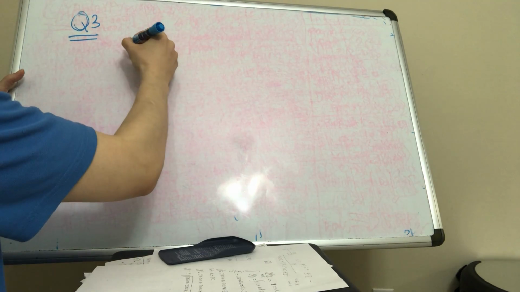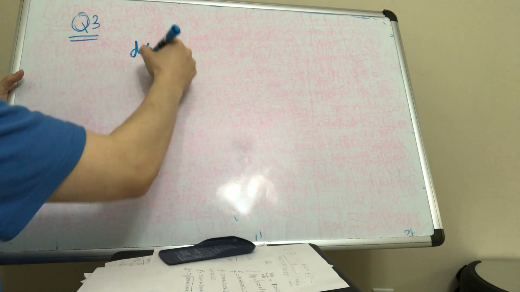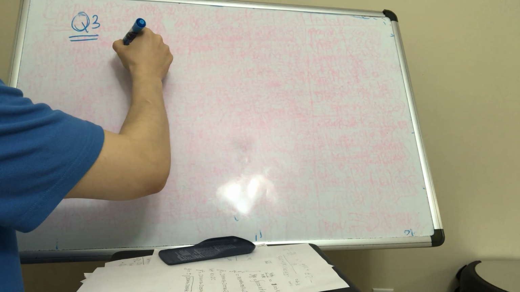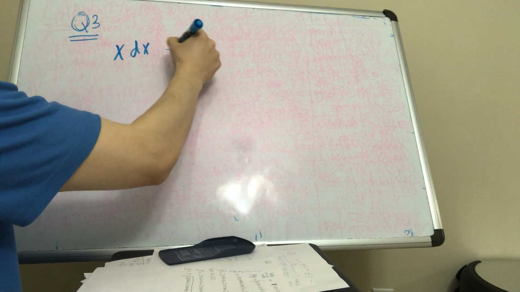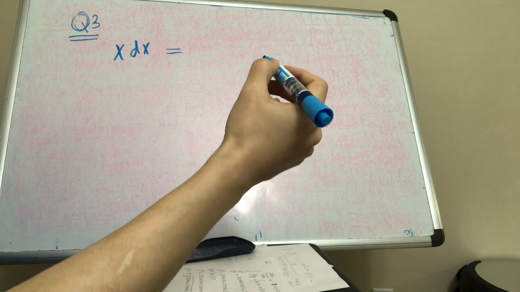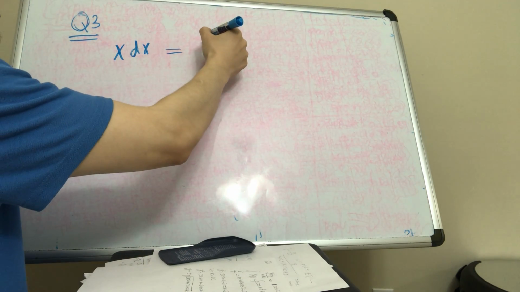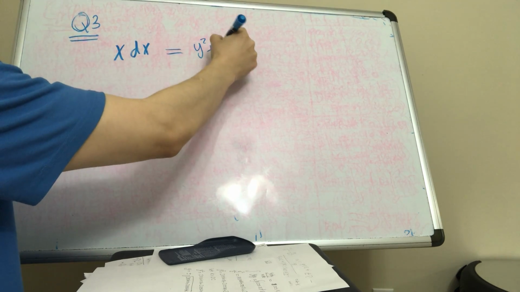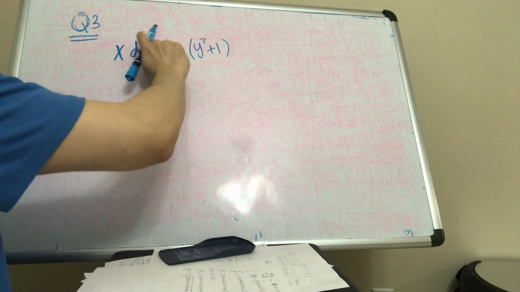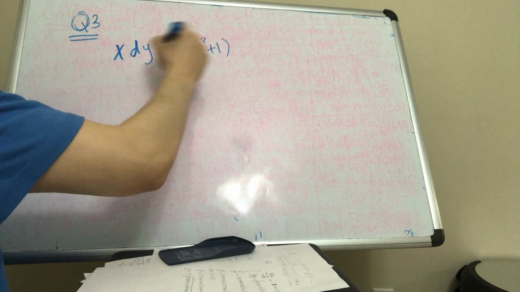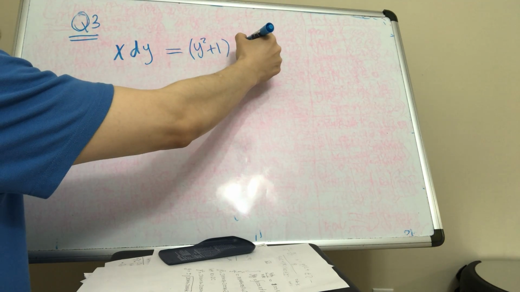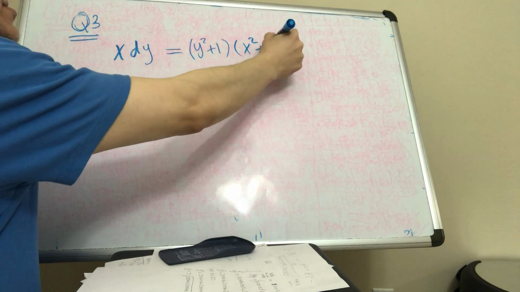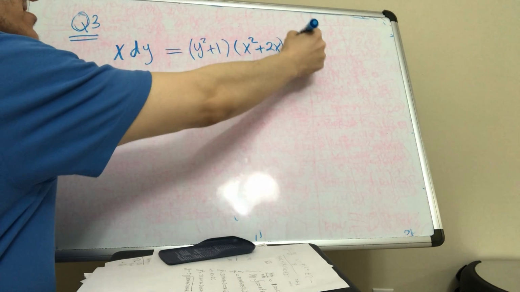So, you have, say, x dx and here we'll have y squared plus 1, put dy here, and x squared plus 2x dx.